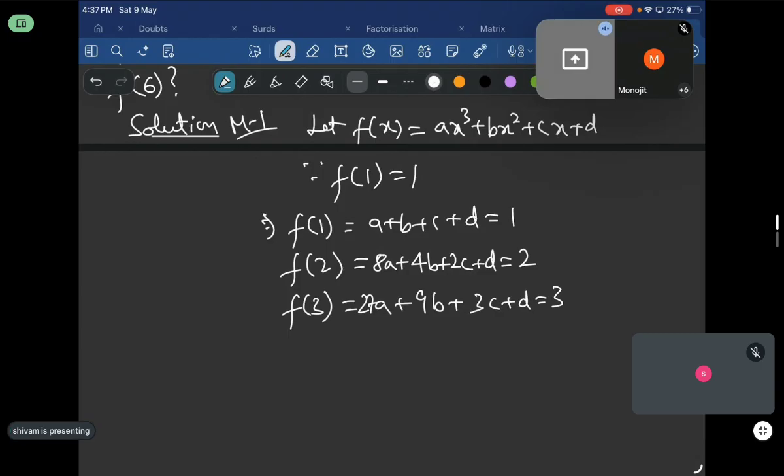And f of 4 is equal to 64a plus 16b plus 4c plus d is equal to 5. So you have got 4 equations in 4 variables.